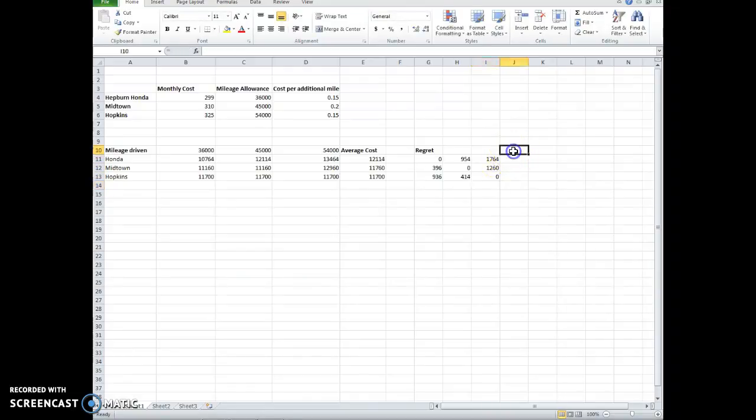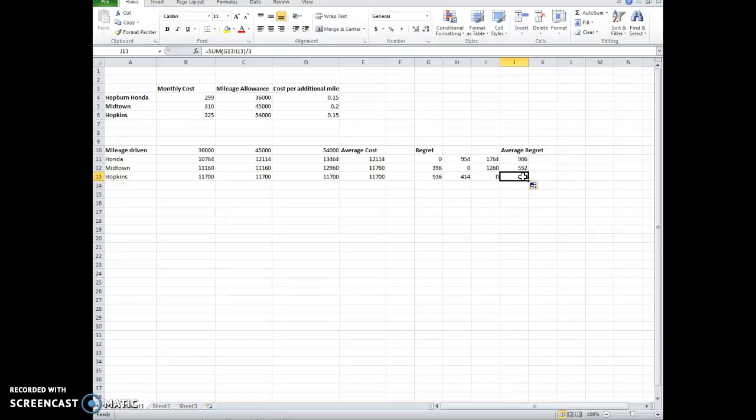So let's compute the average regret. So the average regret, again, is just going to be the sum of those 3, and then we'll divide it by 3. Okay, so 906, and then 450. So we see Hopkins has the lowest regret.